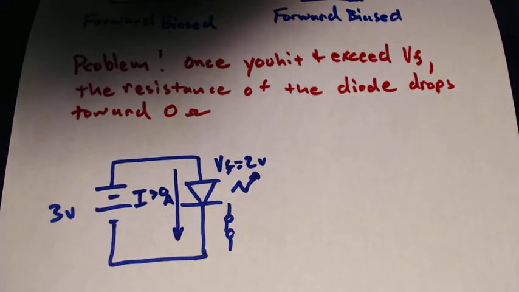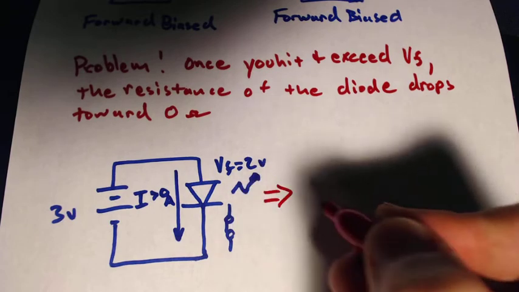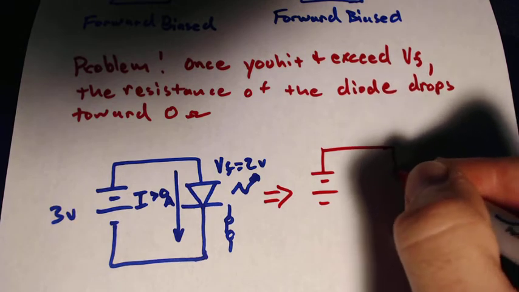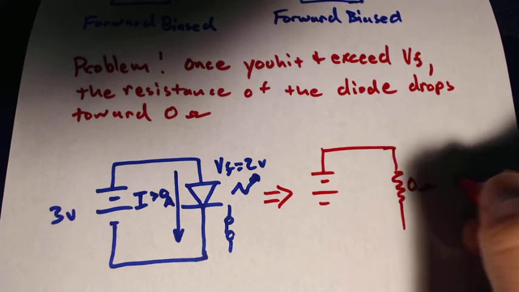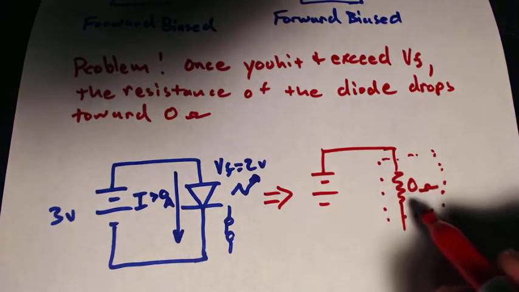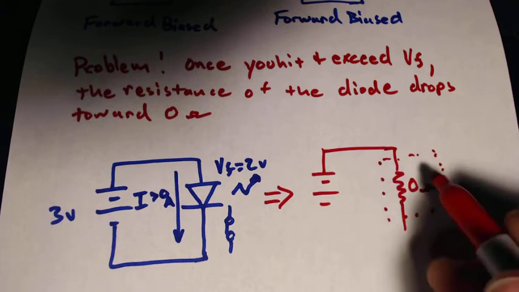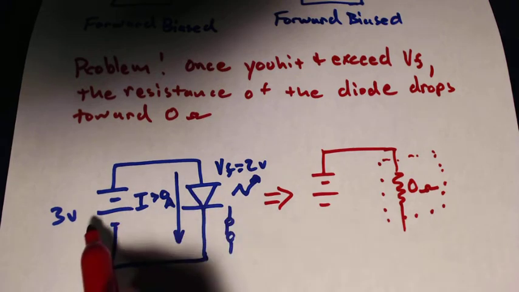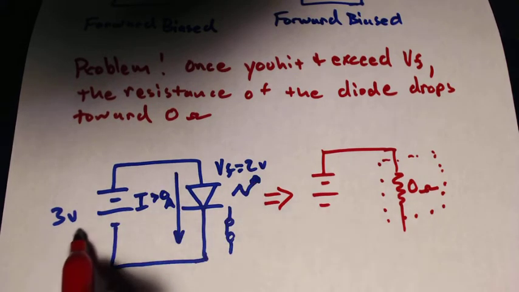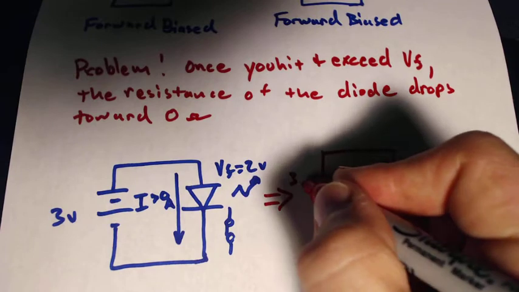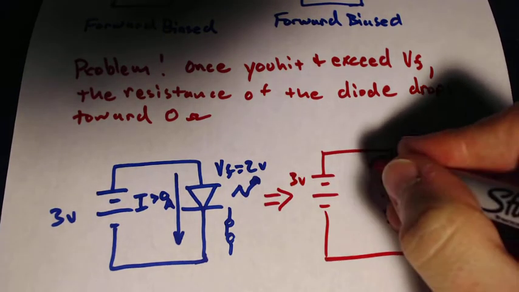However, this diode is now behaving like a 0 ohm resistor. So this resistor is a stand-in representation for what this diode does once we've exceeded that 2 volt forward voltage by applying 3 volts in this case. Now check out what happens.